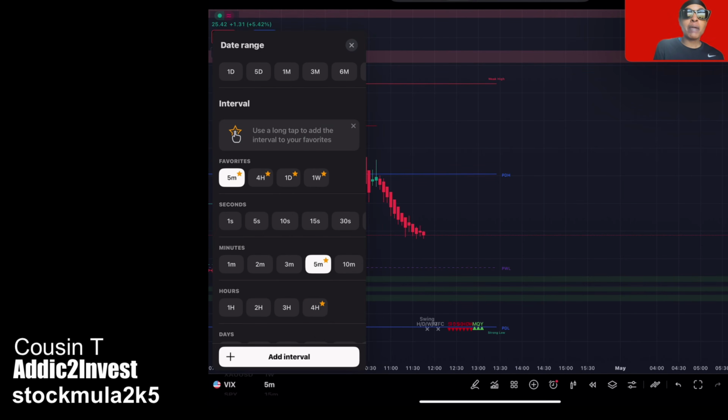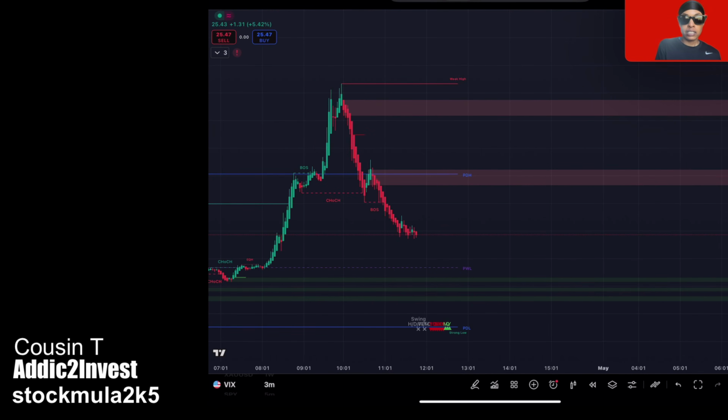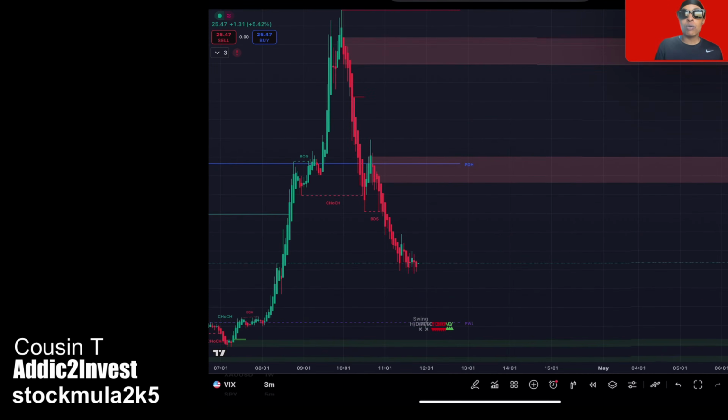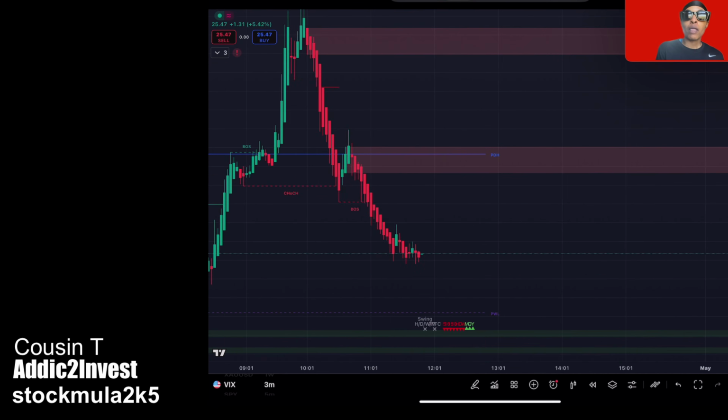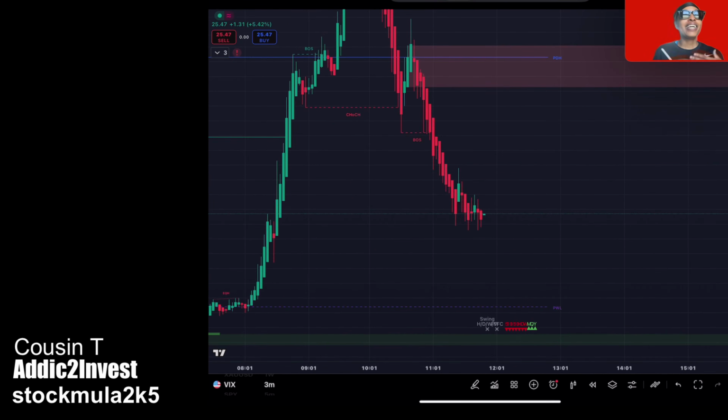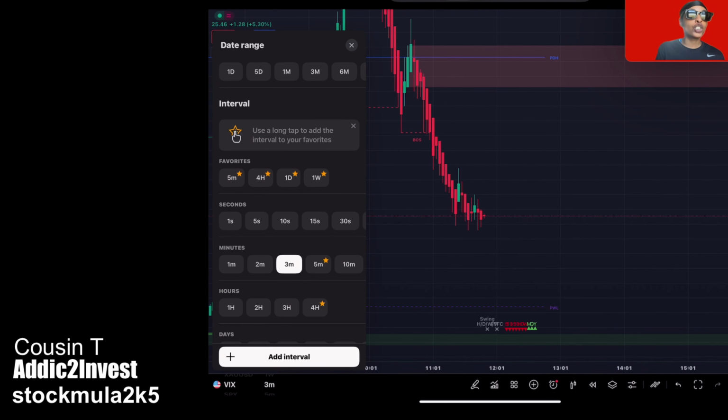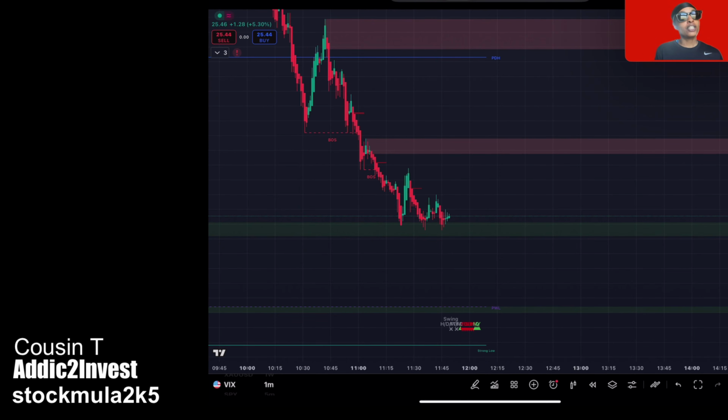When I get to the 3, do you not see that? That's why I like it, I can see a reversal, more of that up and down. It's a lot of noise though, I do say that about the 3 and the 1. But seeing that 3 gives me confirmation that I may be in an up and down moment. I may be in a chop. This is what I mean by that chop.